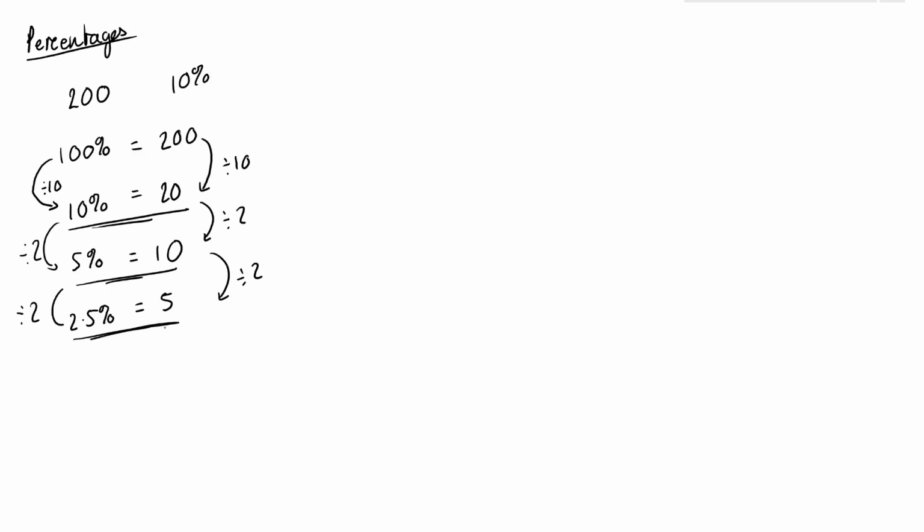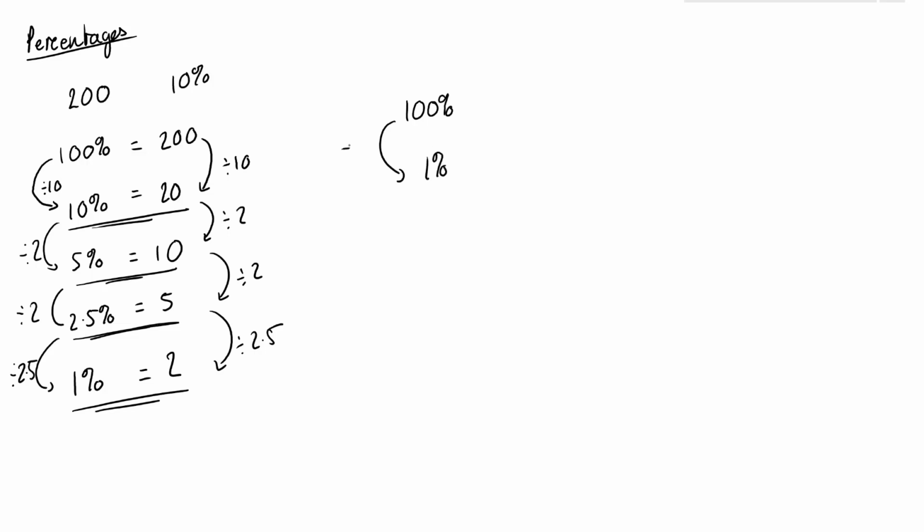We could find out what is 1% by dividing by 2.5 on both sides, and it would give me that 1% is 2. Now, you could have also said that if I have 100% and you want 1%, you can just divide by 100, which if we'd have done in this case, 200 divided by 100 does actually give you 2.